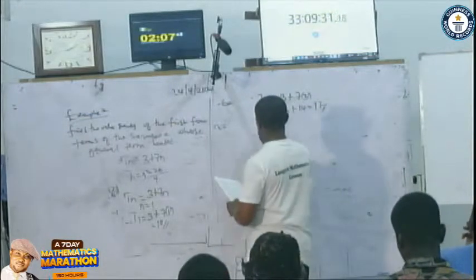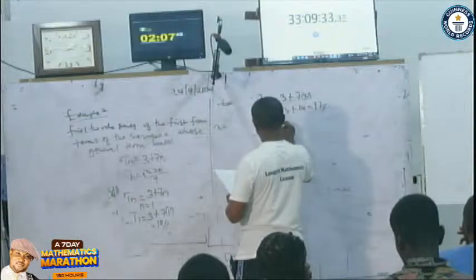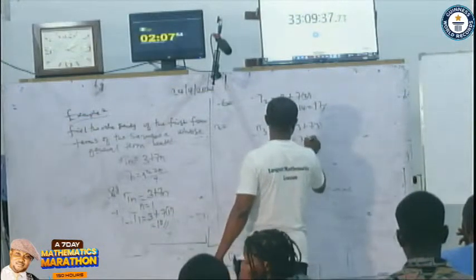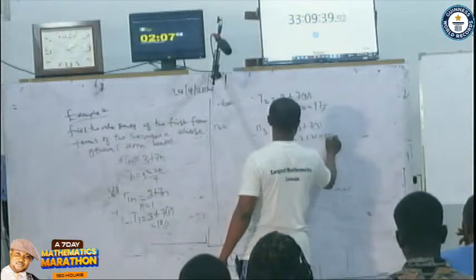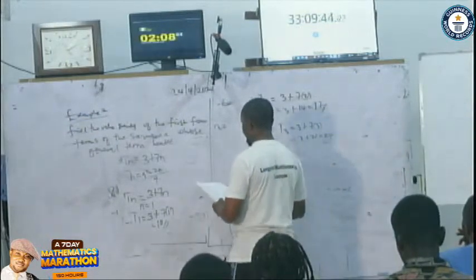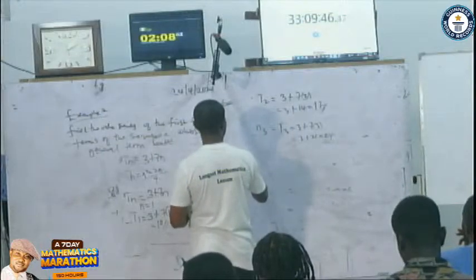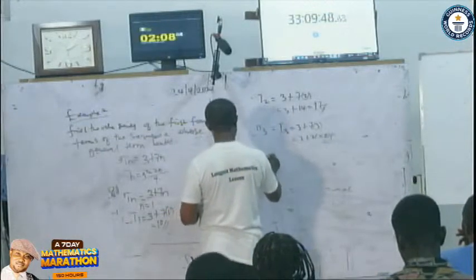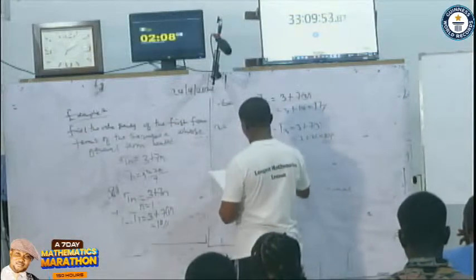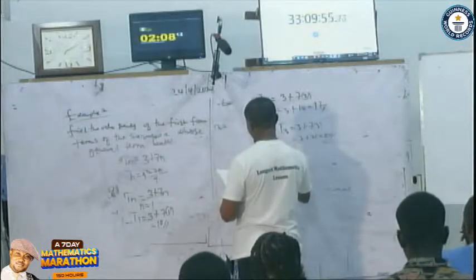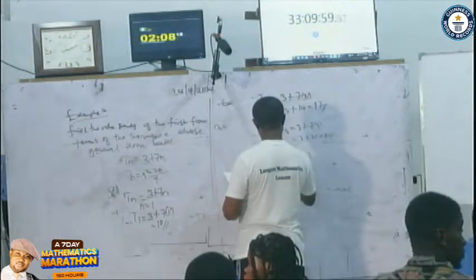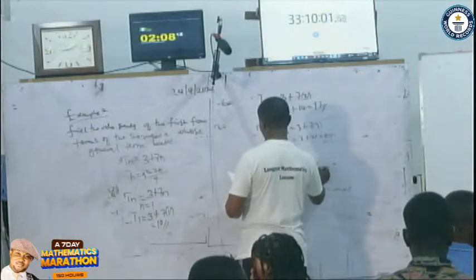That's 17. And when n equals 3, T3 will be 3 plus 7 into 3. And when n equals 4, that'll be 3 plus 28, that'll be 31.